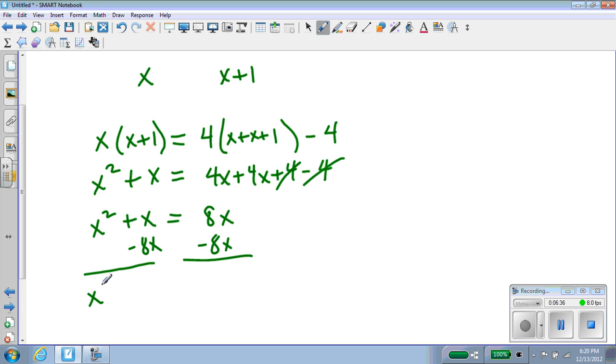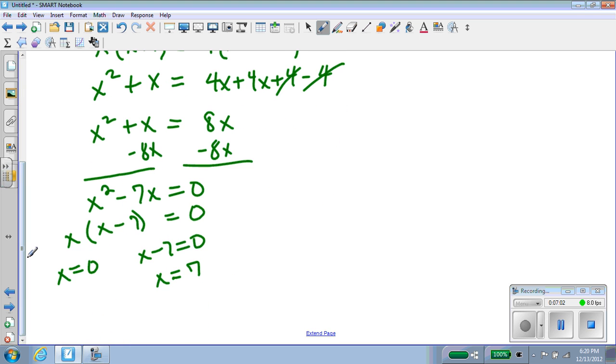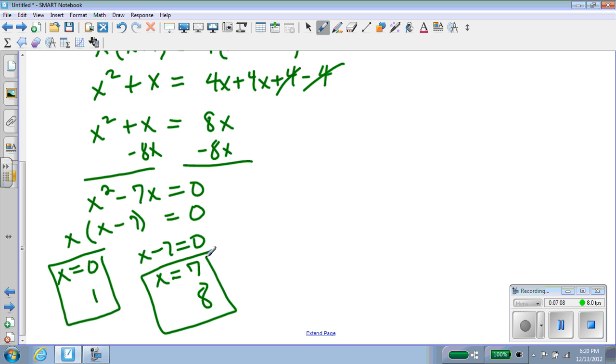So I have x squared minus 7x equals 0. Greatest common factor of x: x times x minus 7 equals 0. So x equals 0, or x minus 7 equals 0. So x equals 7. So my two consecutive integers, x and x plus 1, are 0 and 1, or 7 and 8. I have two possible answers.